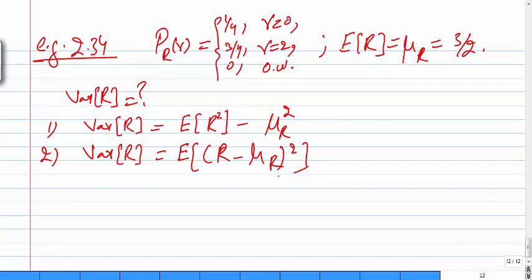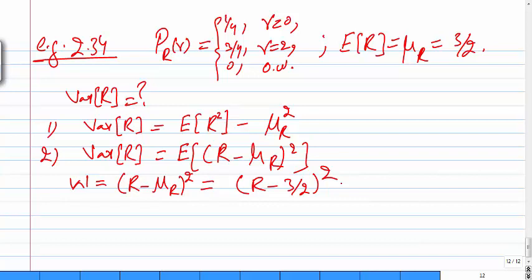So this is the second method. Now let's see how we can solve it. Assume that we have W equal to (R minus mu R) square. That comes out to be (R minus 3 by 2) whole square. So this is your W. Now let's write the PMF of W.